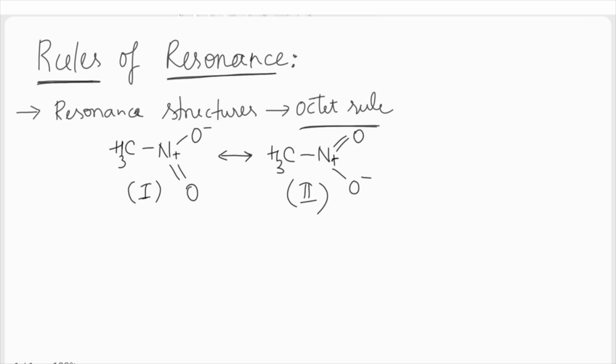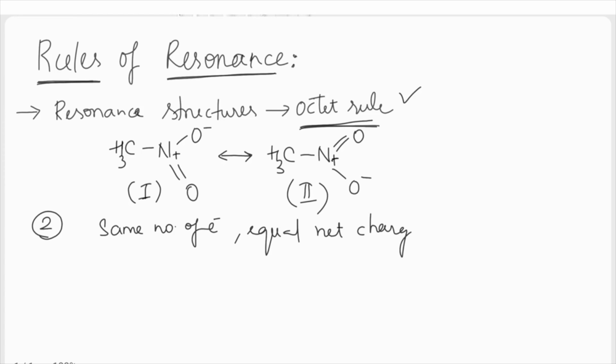So the first rule for resonance structures is that they should follow the octet rule. And what is the second rule? All the structures should possess the same number of electrons, and they should also have equal net charge. If you look at the above first and second examples, both have 1 plus and 1 minus charge, so the net charge is the same, and they have the same number of electrons around each atom.